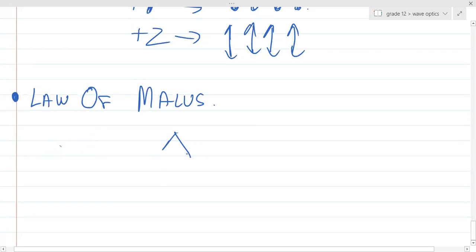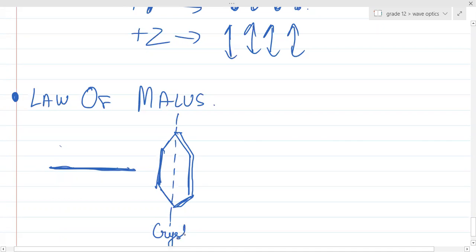Shall I draw it? Suppose this is a polarizer, and let's say this is the light ray which is going, and this is the transmission axis or the crystallographic axis, right?